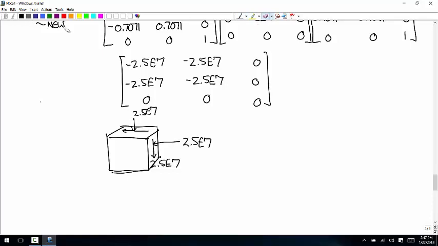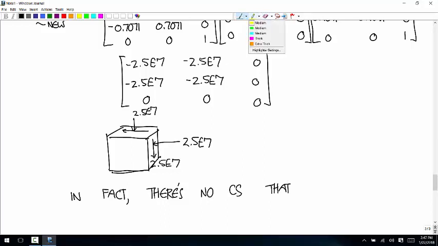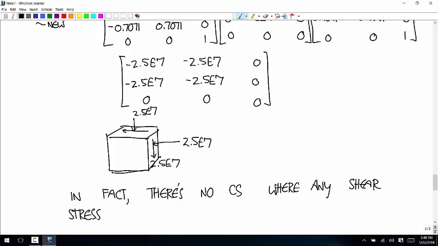And it turns out, in fact, there's no coordinate system where any shear stress has a bigger magnitude than this.